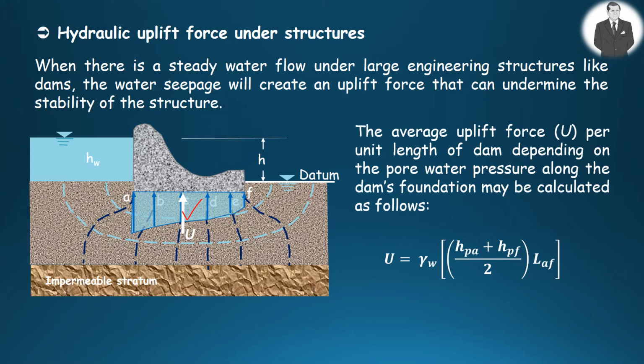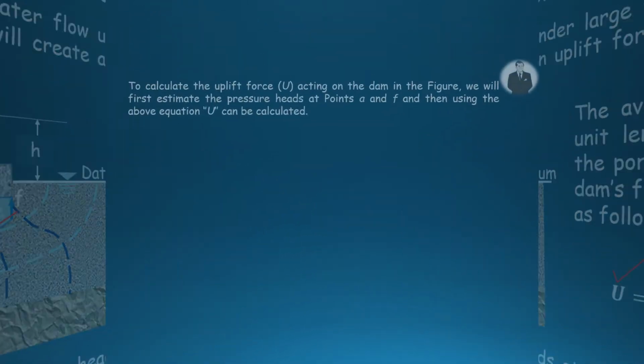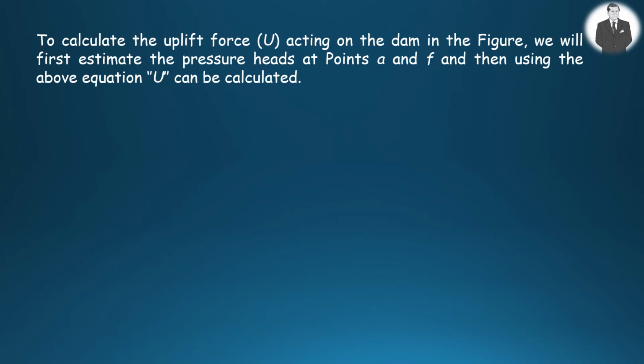The average uplift force per unit length of dam, based on the pore water pressure along the dam's foundation, can be calculated using this equation given here, in which HPA and HPF are the pressure heads at the edges of the dam, and LAF is the distance between points A and F. To work out the uplift force which acts on the dam, we will first estimate the pressure heads at points A and F, and then, using the equation, the uplift force can be calculated.